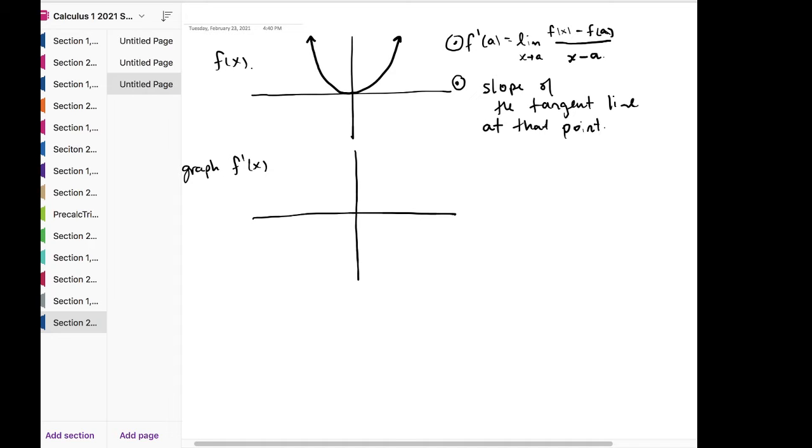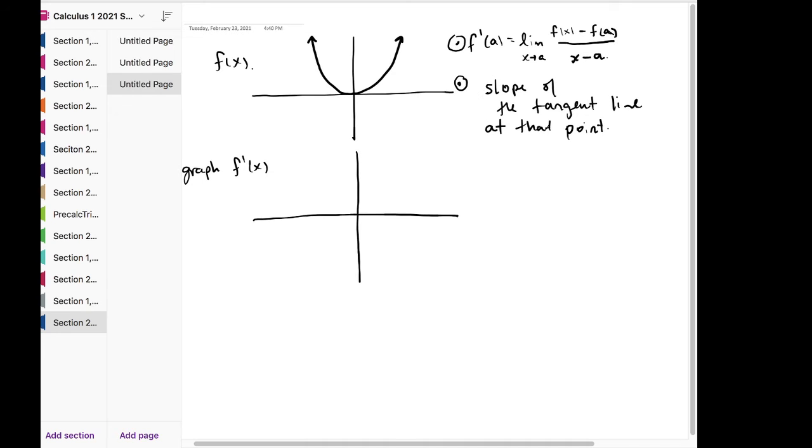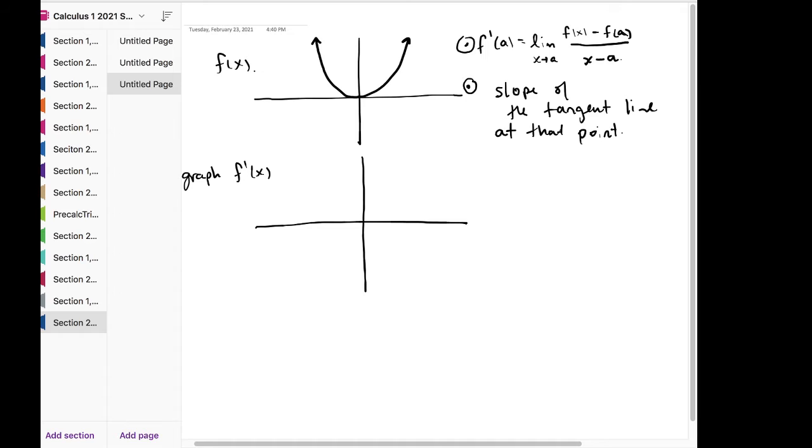But as long as we're able to draw tangent lines, and we know when slopes are positive and negative and how big they are, then we can sketch it. So let's look at this point, and let's draw the tangent line. It looks something like this, right?